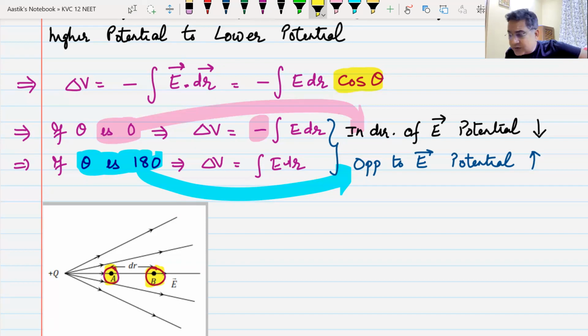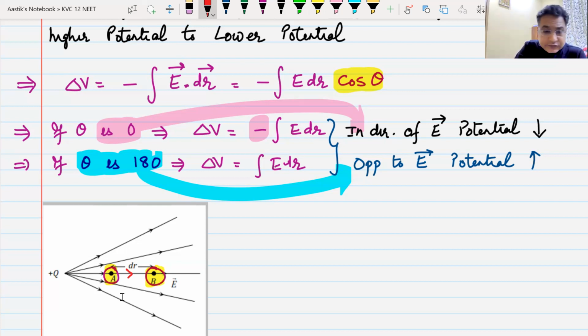Why is A at a higher potential? It is opposite to the electric field. Electric field lines are going from A to B. Please read what we have written and what we have understood.